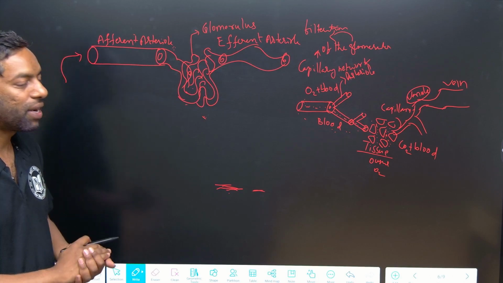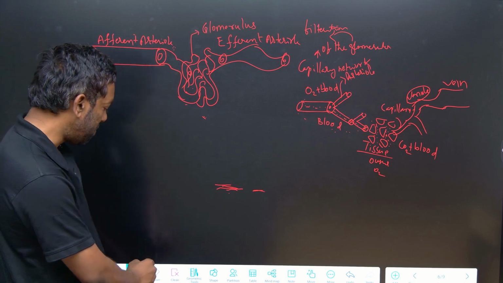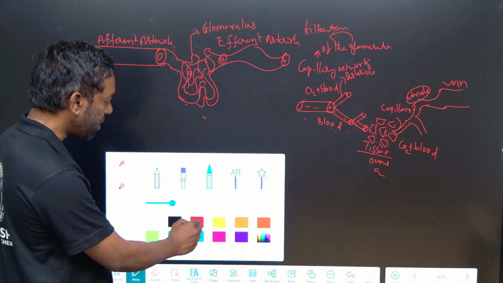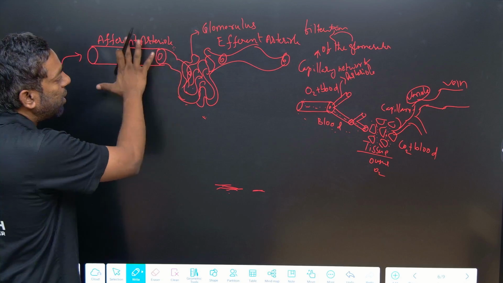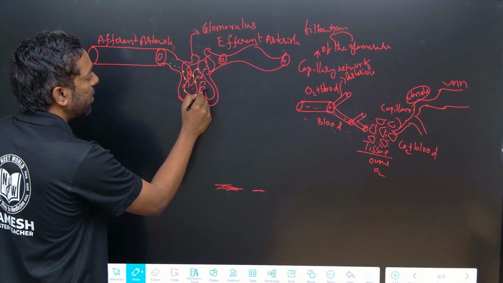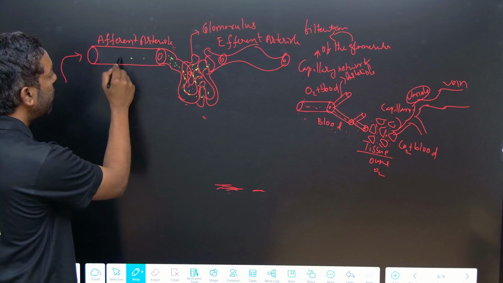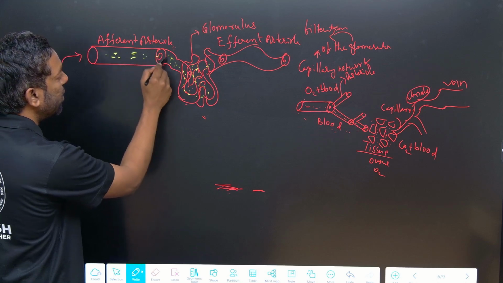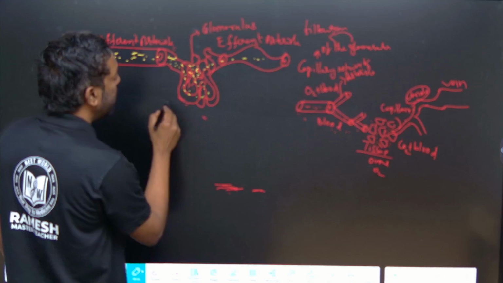What about the renal part of the nephron? We are going to discuss the renal part of the nephron. The oxygenated blood enters the capillary network, and from the capillary network the blood exits.